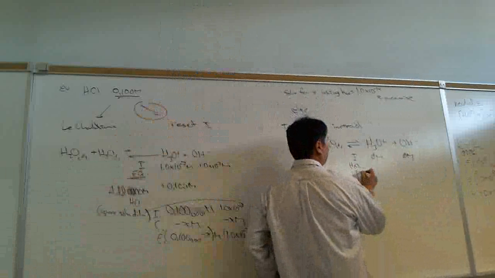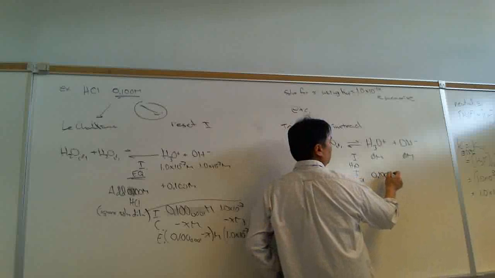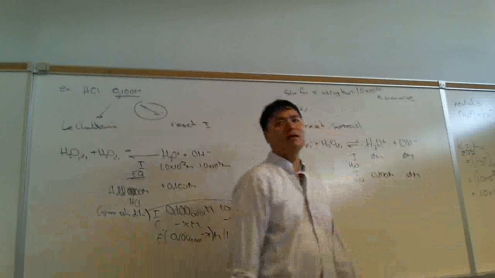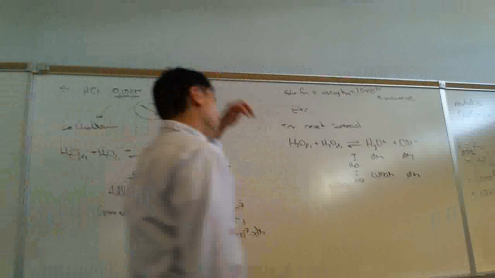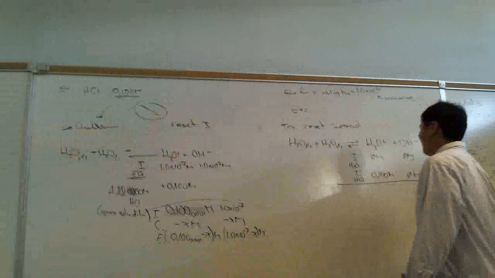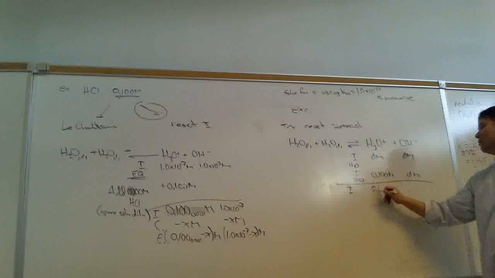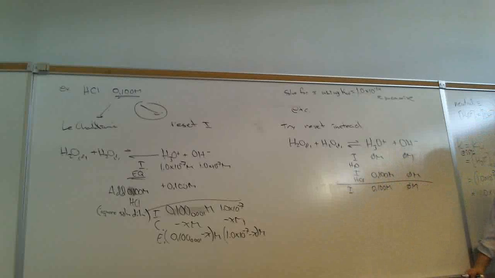And then the initial from the HCl, we have 0.100 molar and 0 molar. HCl doesn't contribute any hydroxide, does it? No. Okay, now we have our combined initial. This is going to be 0.100 molar and 0 molar here.